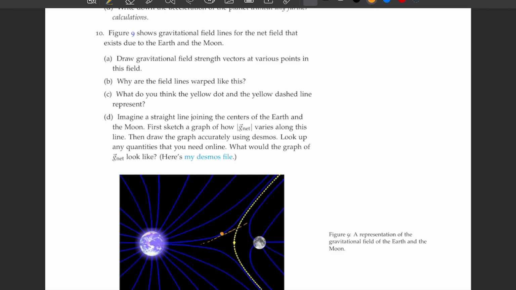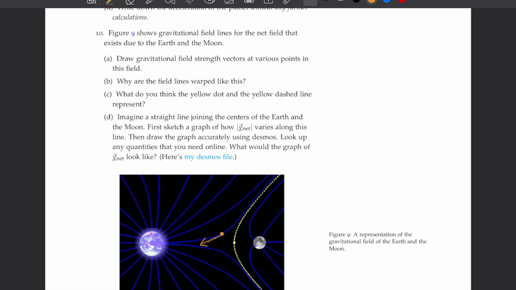Now at this point, the gravitational field from the Earth is actually stronger, so we're going to have a g vector pointing towards the Earth along the tangent. So I'm going to draw that like that.